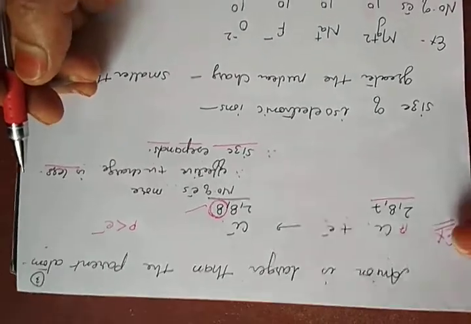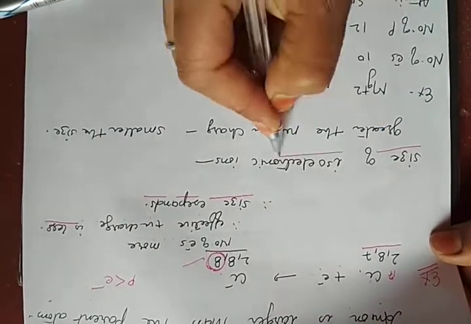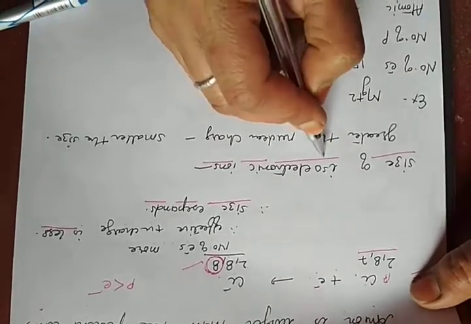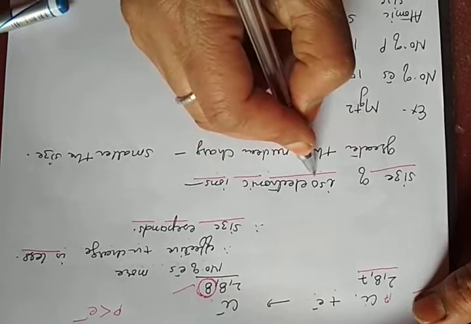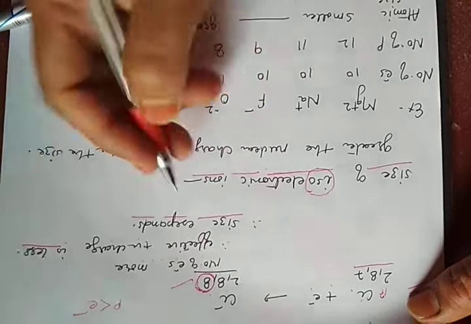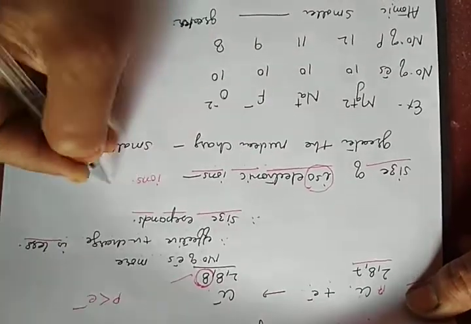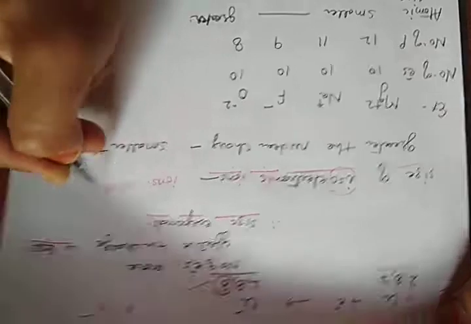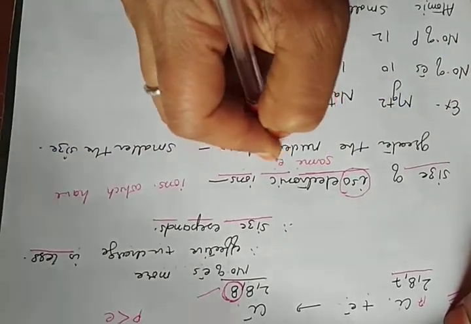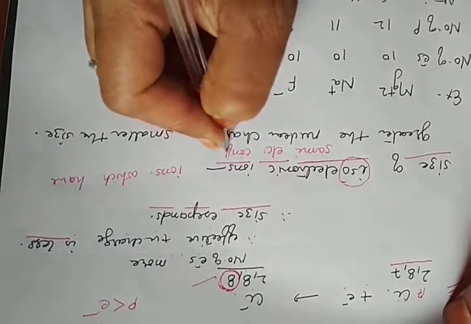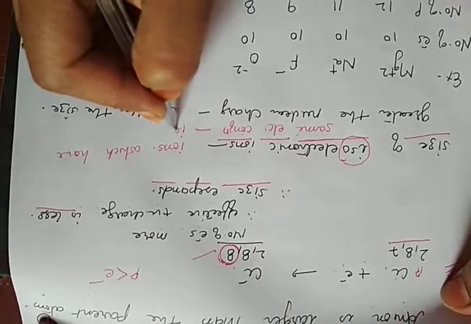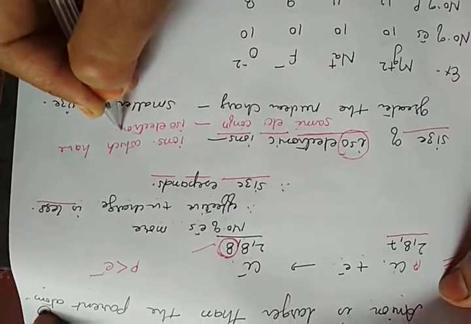Now the next point is the size of isoelectronic ions. Let us understand the meaning of isoelectronic ions. Iso means same. The word electronic is taken from electronic configuration. So the ions which have the same electronic configuration are known as isoelectronic ions.